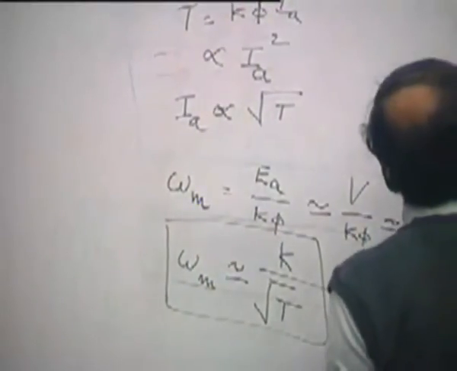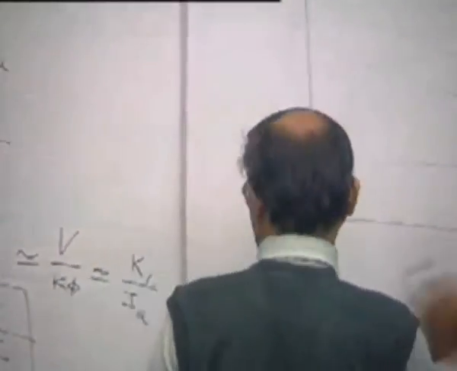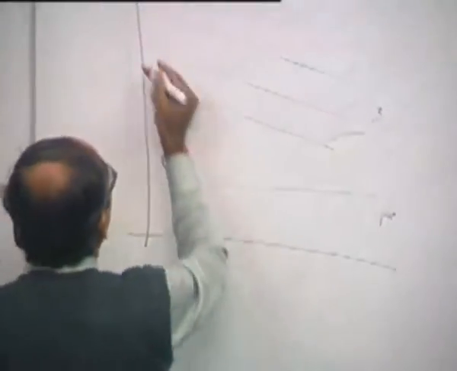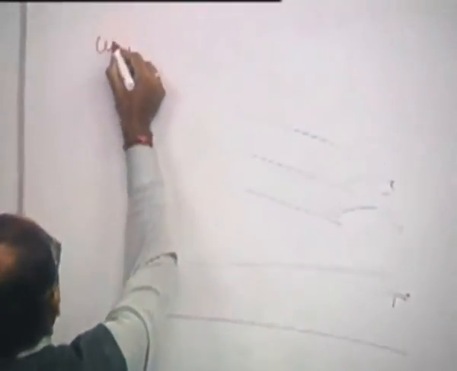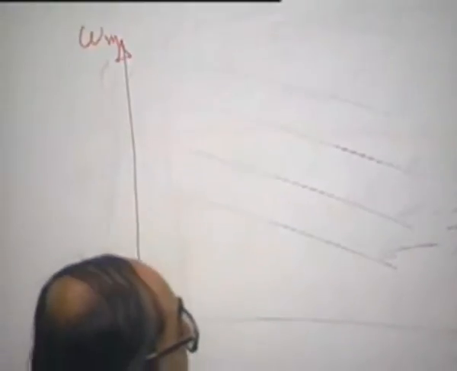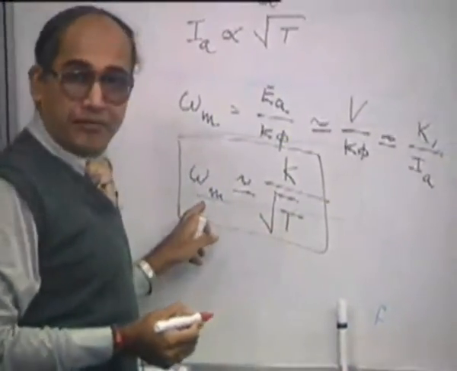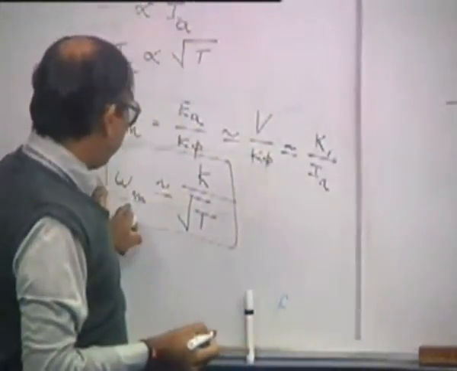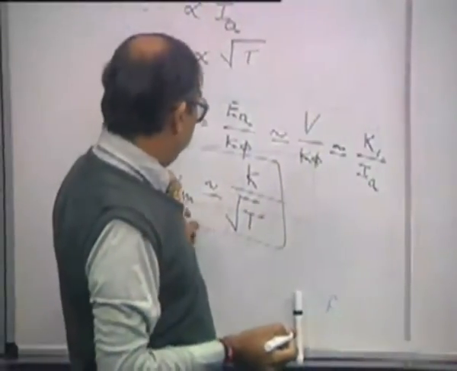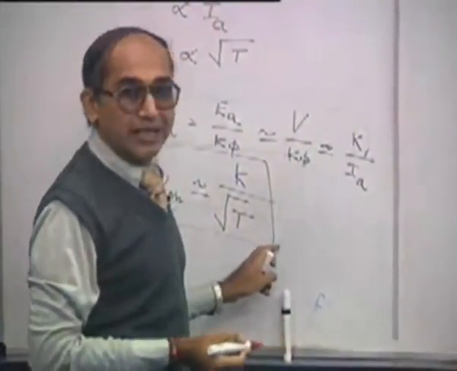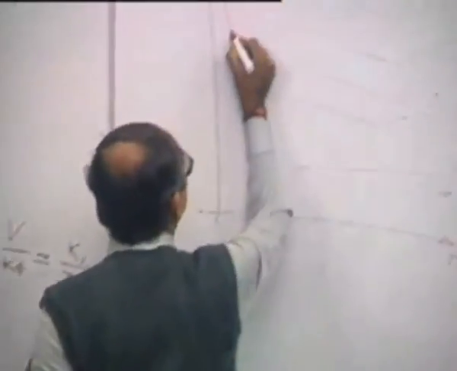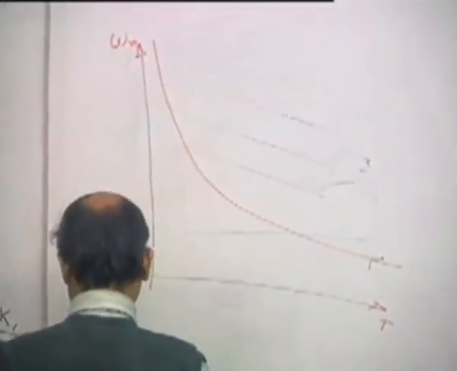So the characteristic of a series machine will therefore be like this. This is the speed versus torque. From this relation, when the torque is 0, speed is ideally infinity, and when speed is 0, torque is ideally infinity. So it will have characteristics like this.